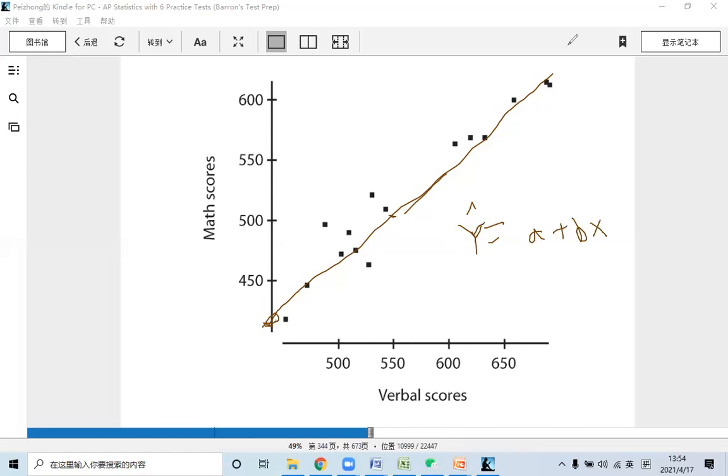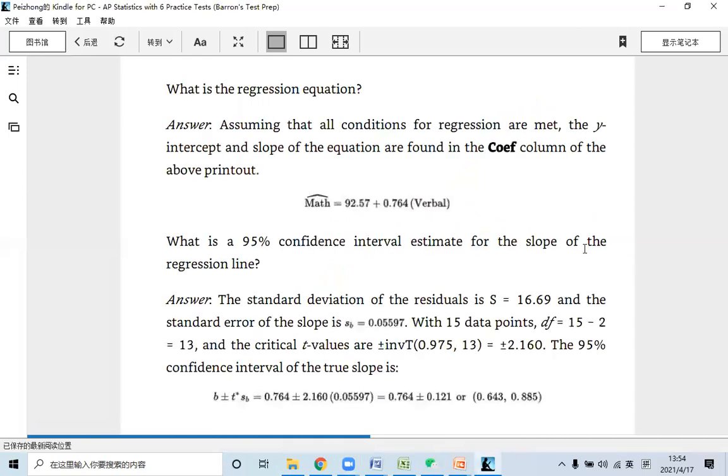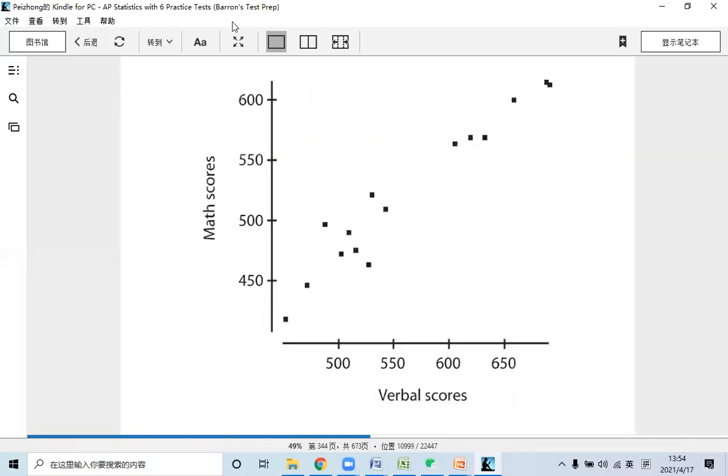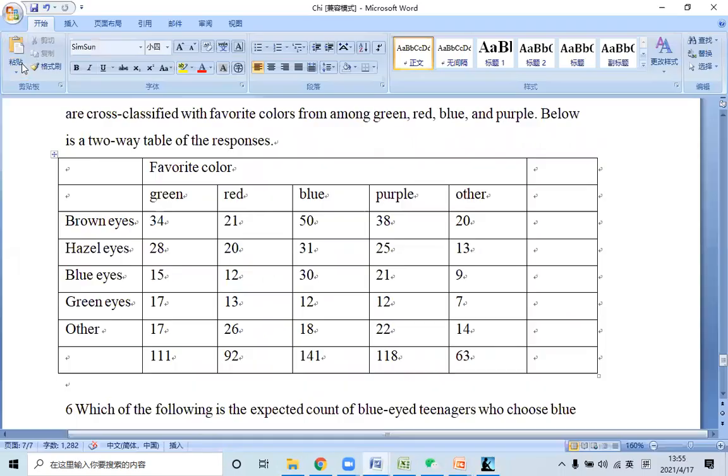So that's regression. What is a regression equation? What is a regression formula? I shouldn't have got rid of that. Basically, let me use a Word file here, regression equation.